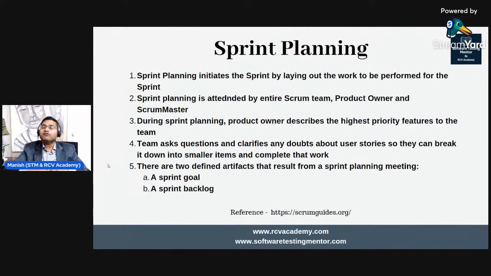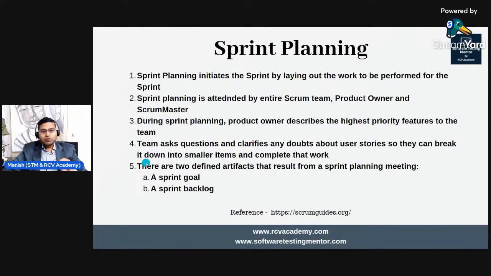If the team is 9 members, ideally a team shouldn't be more than 9 people, they can pick more work items. So according to the size and capacity of the team, they pick the work items to be performed in the sprint, which is 2, 3 or 4 weeks, depending on whatever is followed in your projects and organizations.